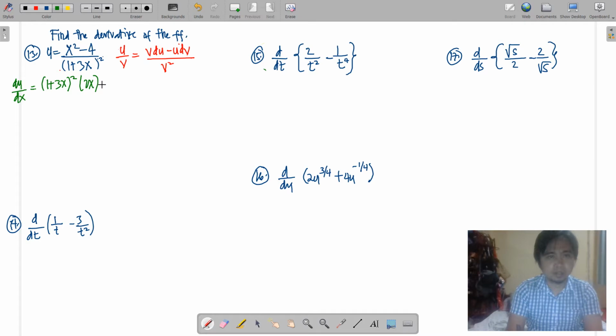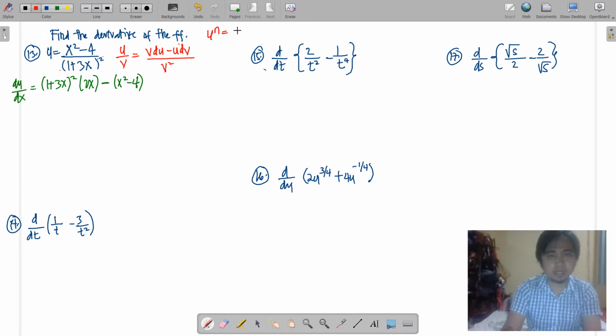Okay, and then for u dv, minus u, we copy our numerator and then derive the denominator. The denominator is now in terms of u raised to n.